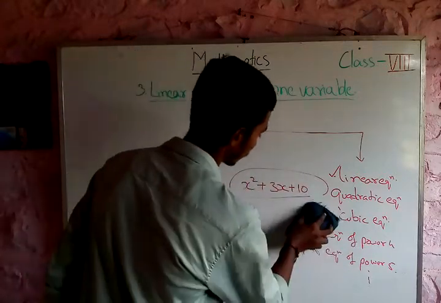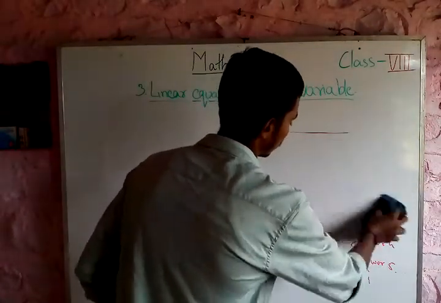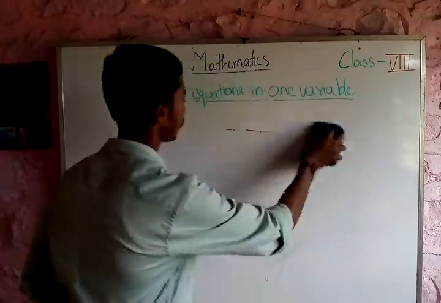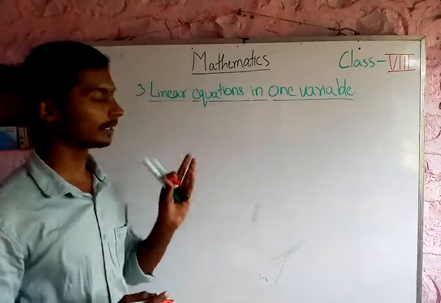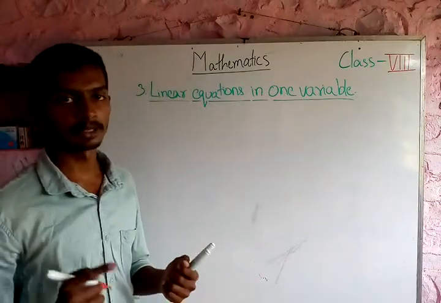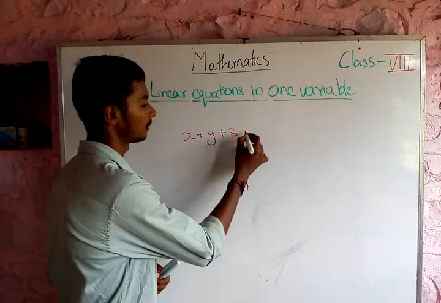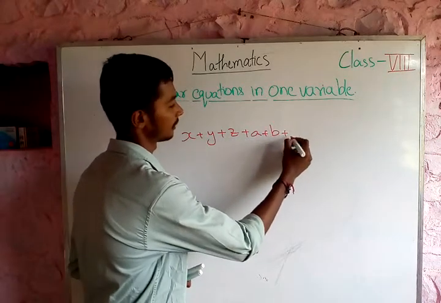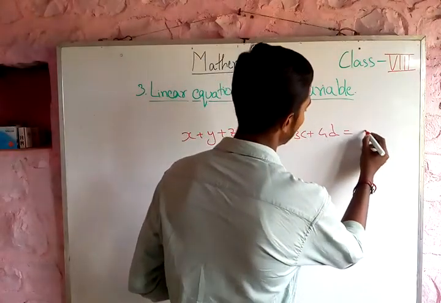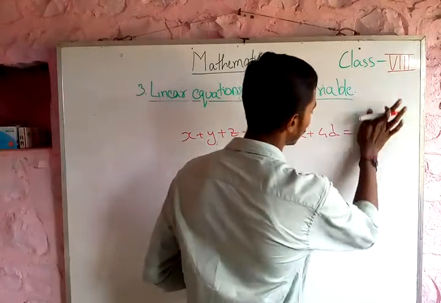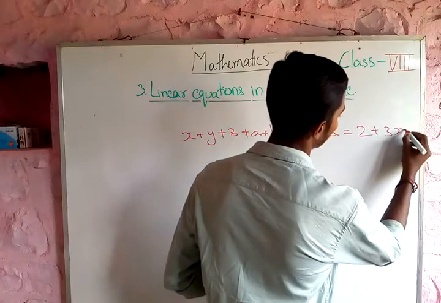Okay, so this is about classification of equations and expressions. Now linear, as I told you, linear equations means the maximum power will be 1. So x plus y plus z plus a plus b plus 3c plus 4d and so on is equal to 0, or is equal to 2 plus 3x plus c.